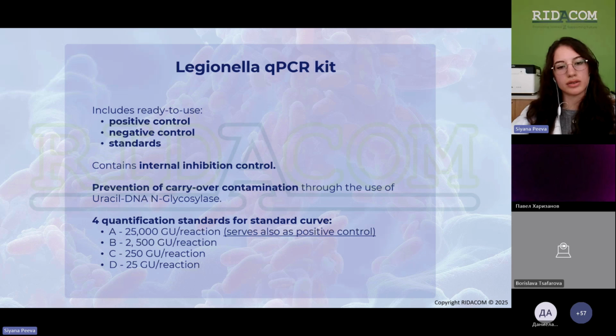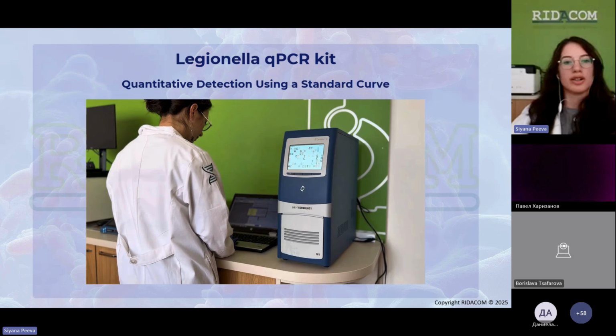And then later we'll see the other procedures which can be done with the kit. When you generate the standard curve using these quantification standards, later you can use them for following experiments. And also you can use the kit for colony confirmation, but more about that later. Now we can see the video.